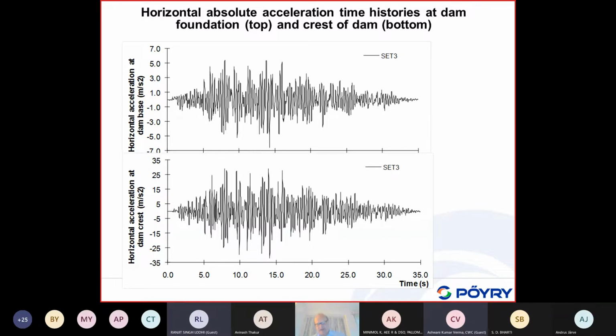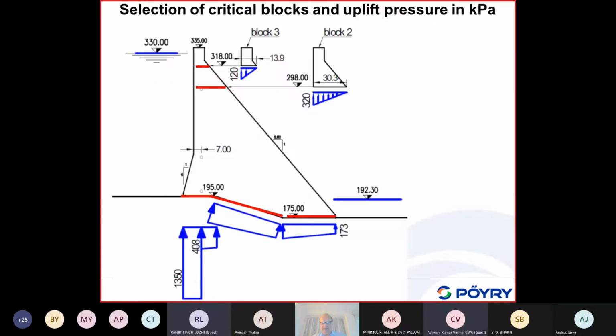So the horizontal peak acceleration is about 4.5 times as large as that of the foundation. That is just the result of a linear elastic dynamic analysis.